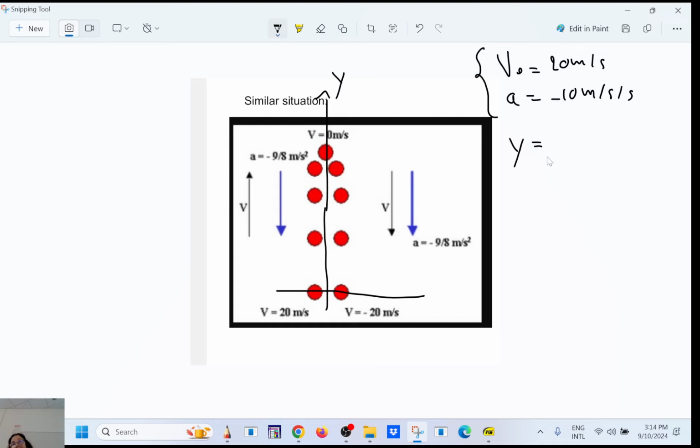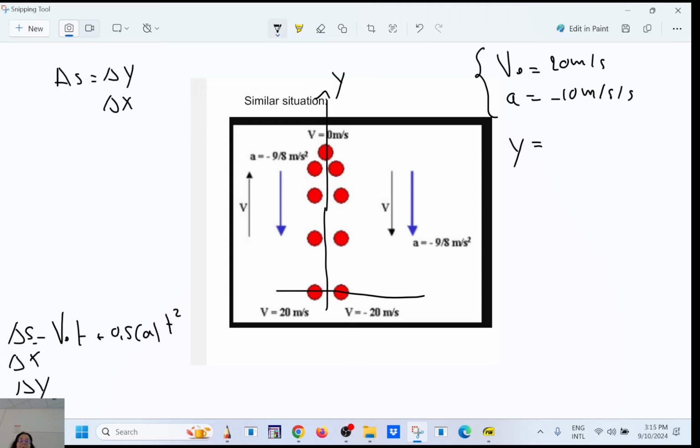On the equation sheet that you have on Canvas, it's given as delta S. Now it's going to be a delta Y and not a delta X. Delta S can be delta Y or delta X. So the equation is always the same thing, and that could be a delta X if you are horizontal, or it could be a delta Y if you are vertical. So I should put a delta here. That will be the displacement, right? That's a displacement here.